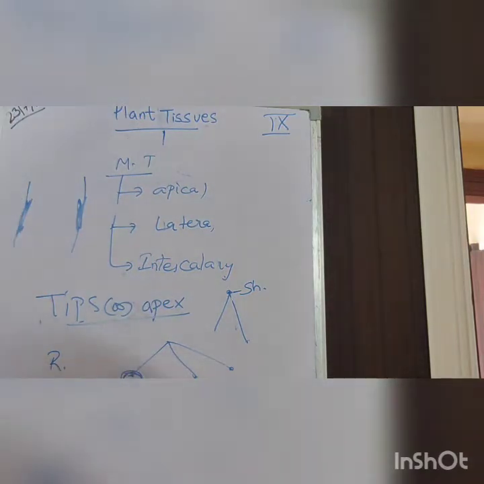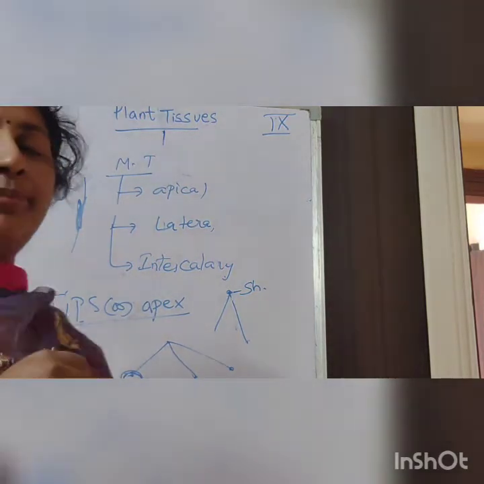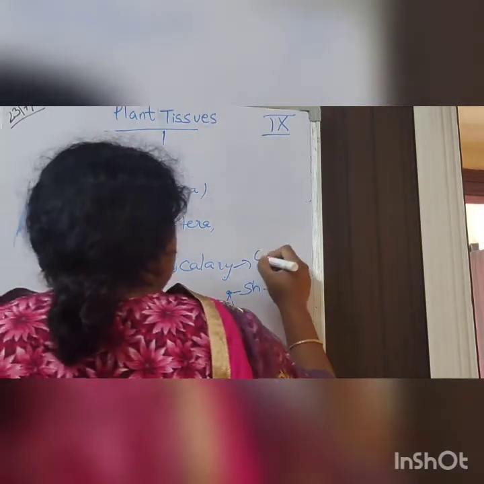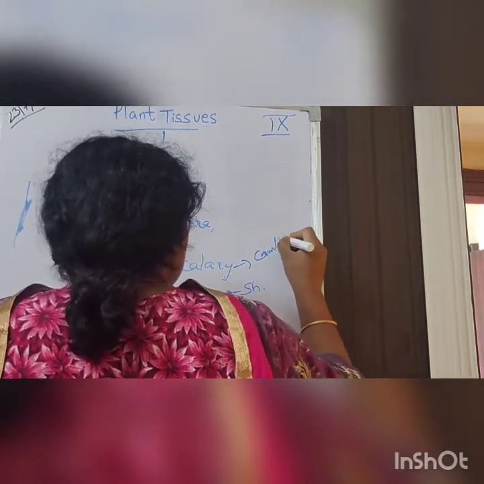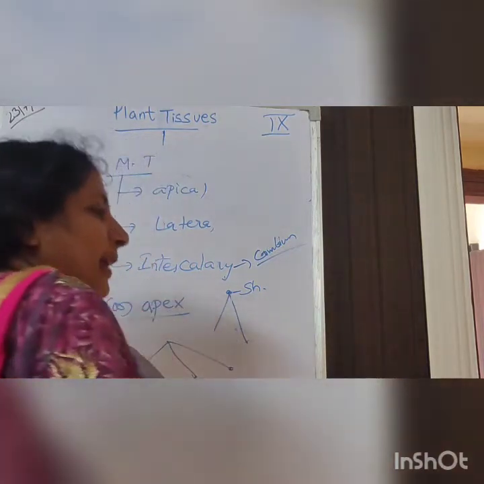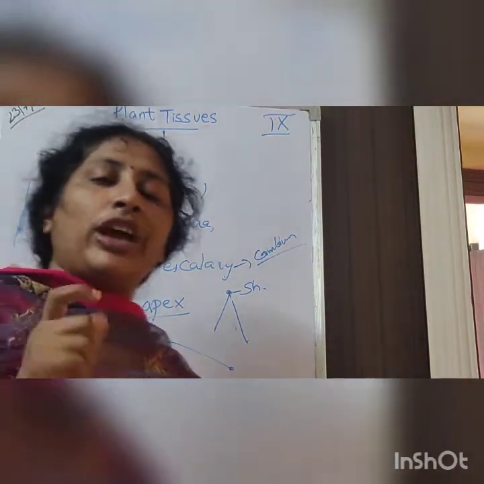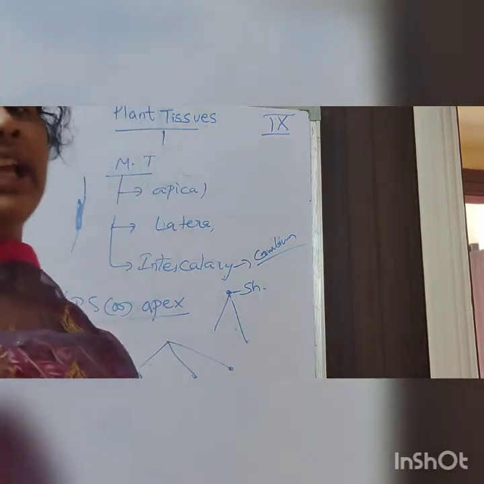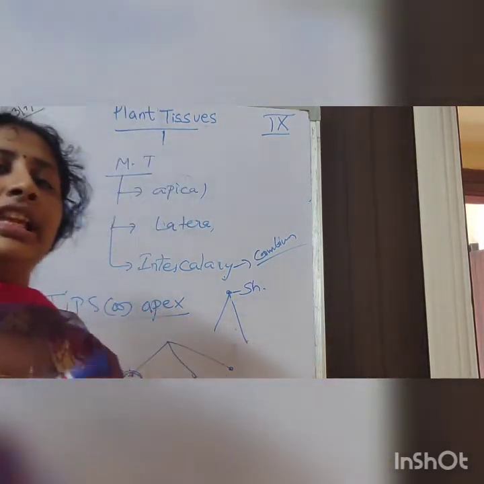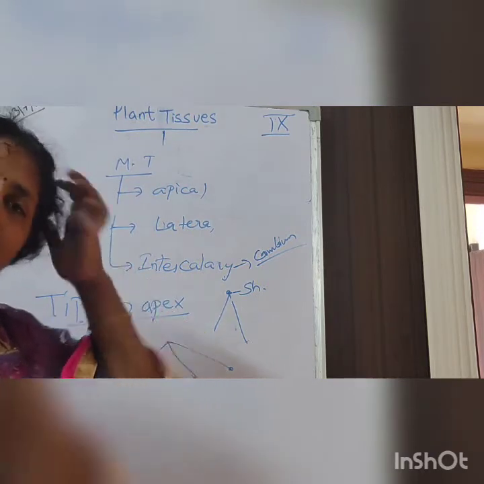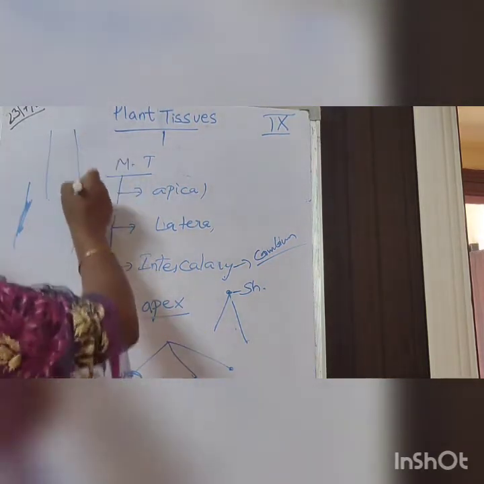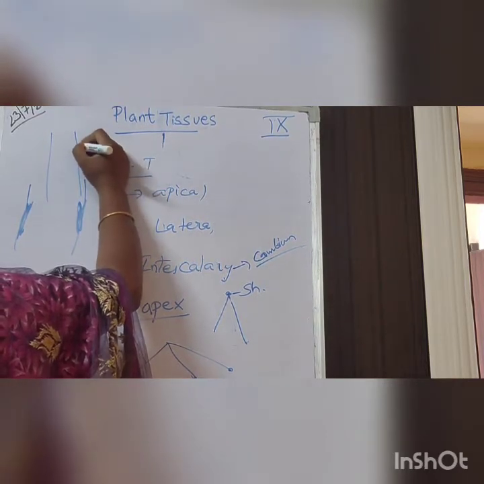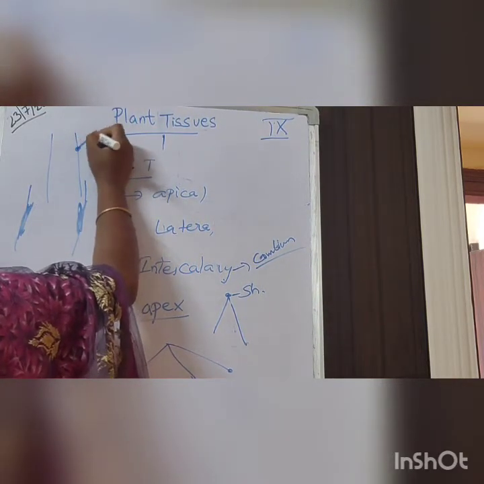Then intercalary meristematic tissue is present in between the other tissues. It is also called as cambium. It is present at those points where the branches and leaves arise, at internodes. Suppose this is a branch.